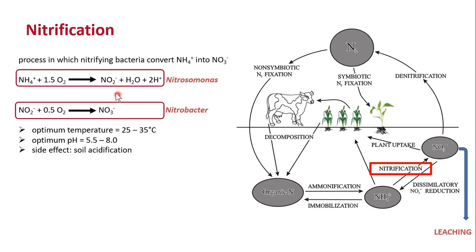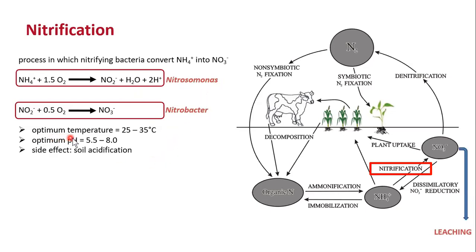It is very important to know here that this nitrite must not stay long in the soil because it is very toxic to the plants. So if you don't have Nitrobacter, which converts nitrite into nitrate, there will be nitrite toxicity. We must have both kinds of microorganisms in the soil.